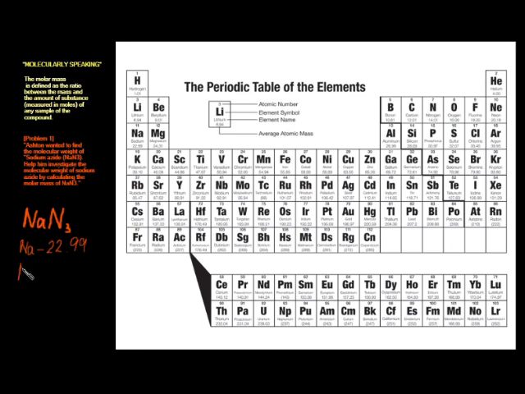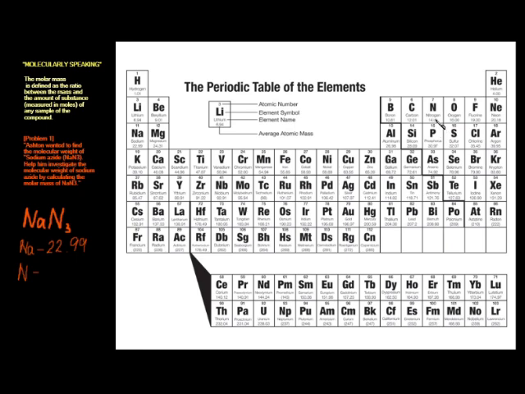However, we have this to deal with: 3 atoms of nitrogen, so that would be azide. If I look over here on my periodic table of elements, there's our periodic table of elements. We have nitrogen here, and we have to look at the mass.